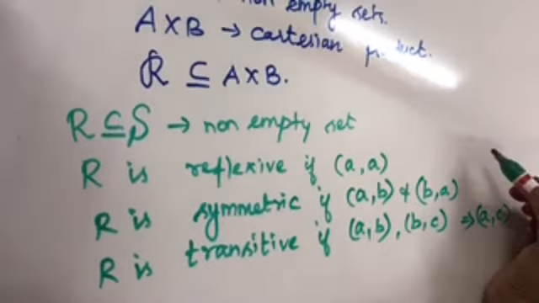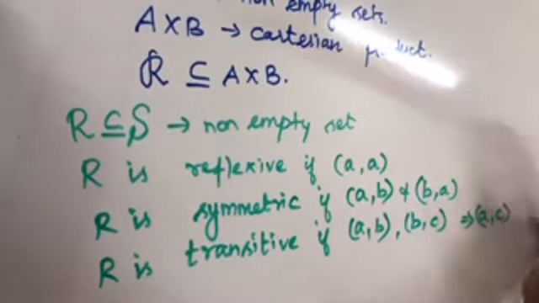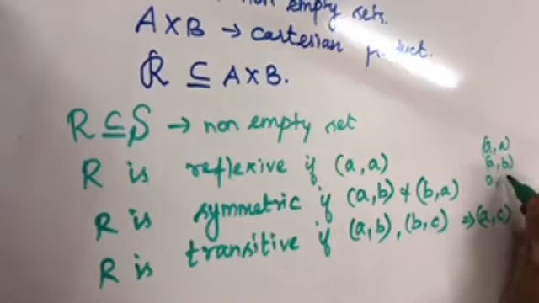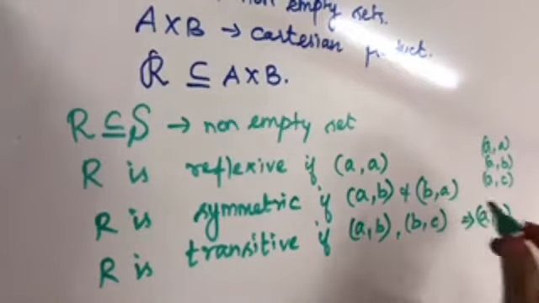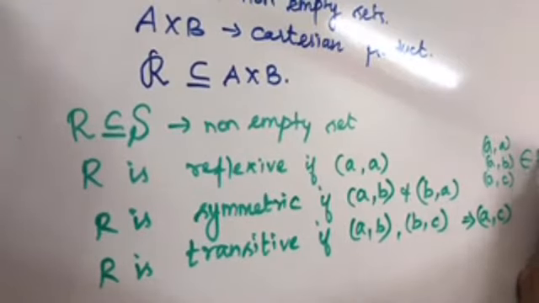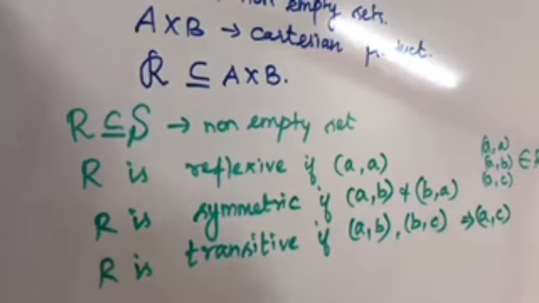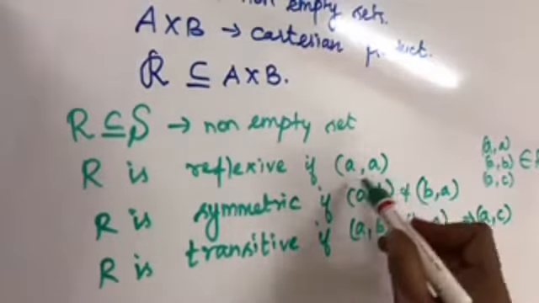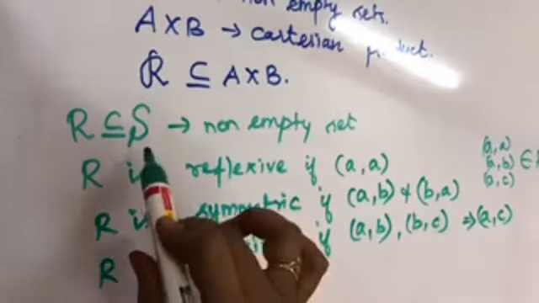All ordered pairs are the relations: A comma A, A comma B, A comma C, B comma C, all ordered pairs belong to R, the relation. And this R is a subset of S, so all the ordered pairs belong to S.